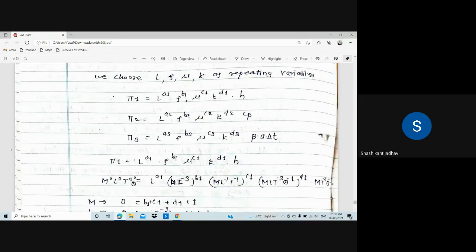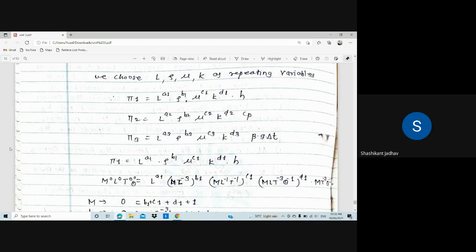So all of you write down the equation for the pi 1, pi 2, pi 3. So pi 1 is equal to L raised to A1, rho raised to B1, mu raised to C1, K raised to D1 into H. Similarly, pi 2 is equal to L raised to A2, rho raised to B2, mu raised to C2, K raised to D2 into Cp.